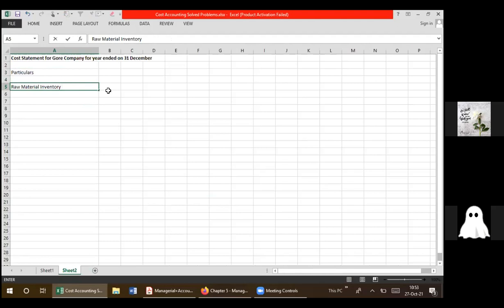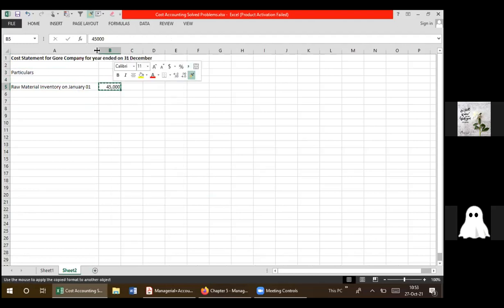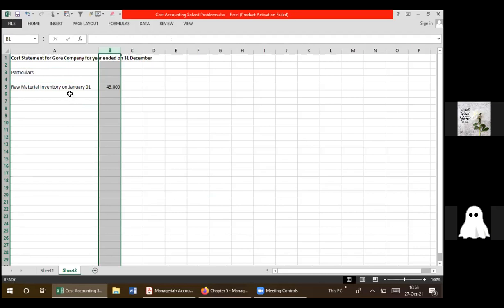Raw material inventory on January 1st is 45,000.